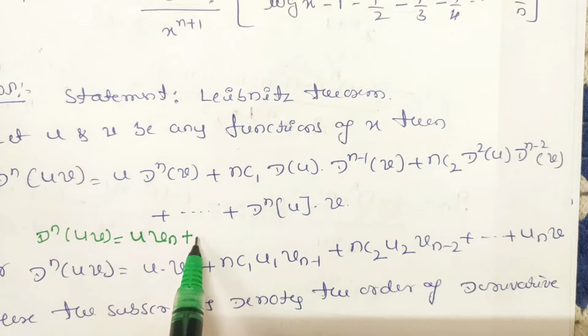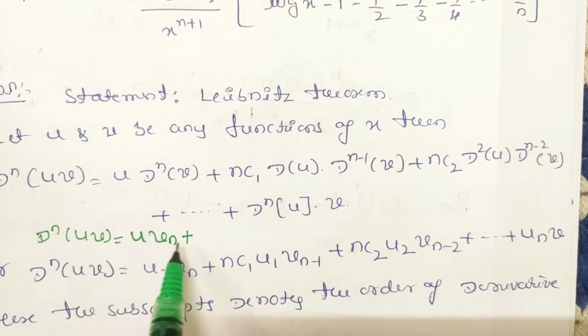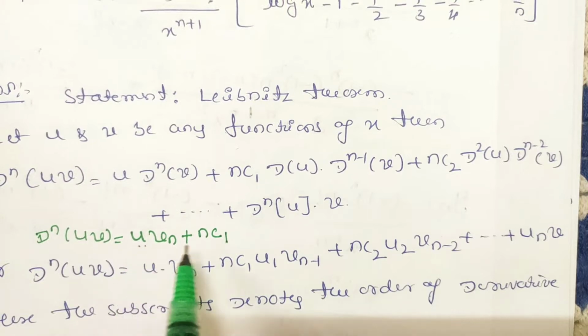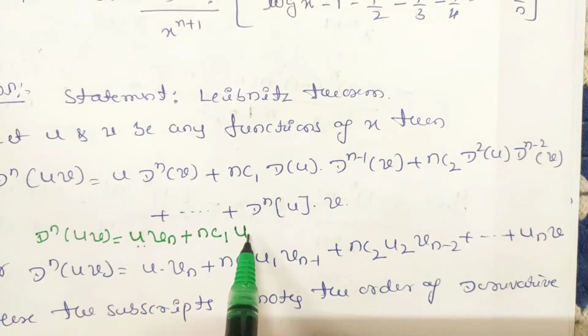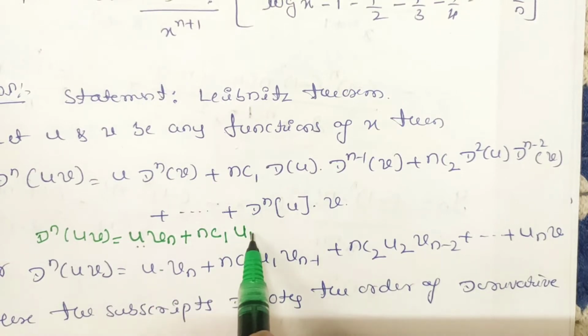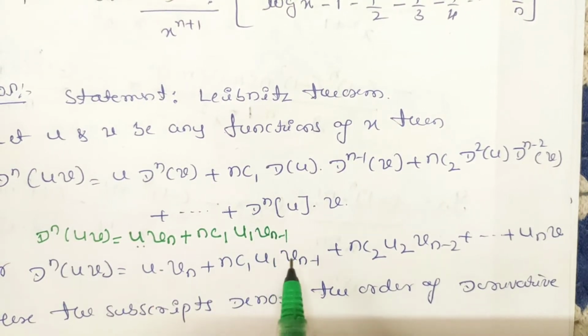You can write the next term by seeing the previous term, that is nC1. You differentiate this u, that is, derivative of u is u1, and reduce the degree of vn by 1. The degree of vn means the nth derivative, so reduce the nth derivative to n minus 1th derivative, that is vn minus 1.